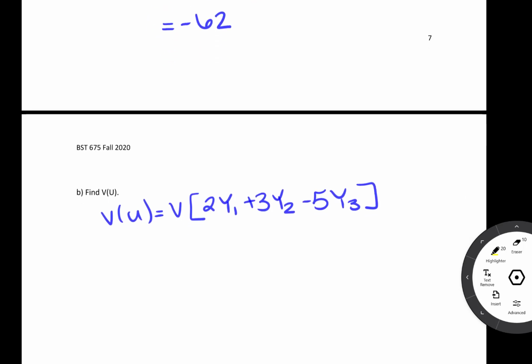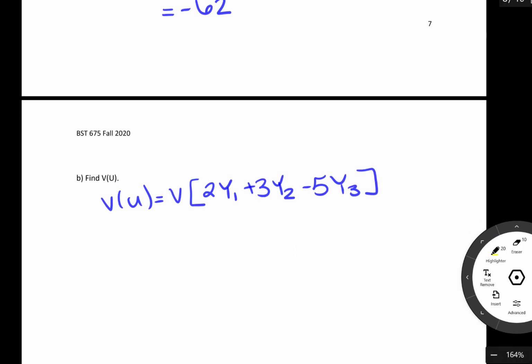So now for each of the terms that are in here, the first thing I'm going to do is look at their individual variances. For the first one, I've got 2 times y1. So I need to square the 2 when I bring it out. So I'm going to have 2 squared times the variance of y1 plus 3 squared times the variance of y2.